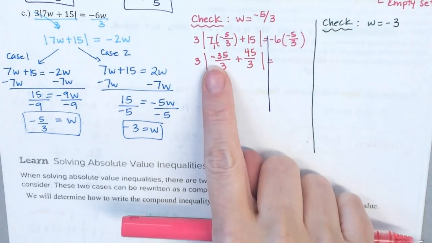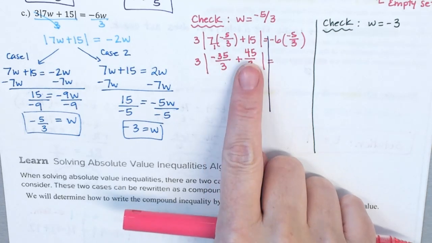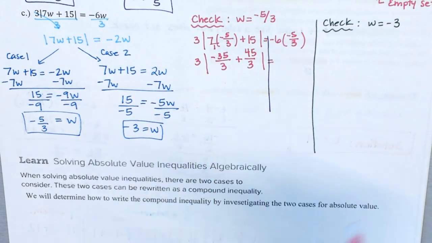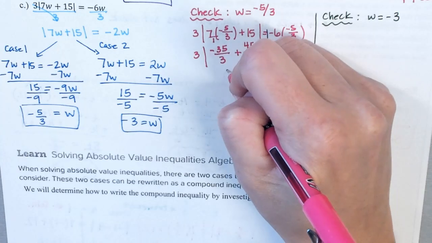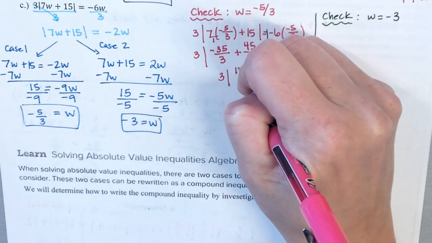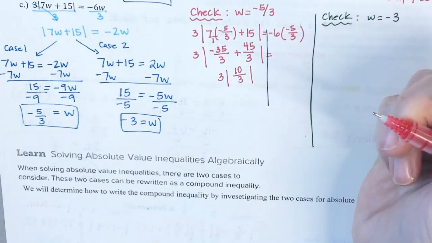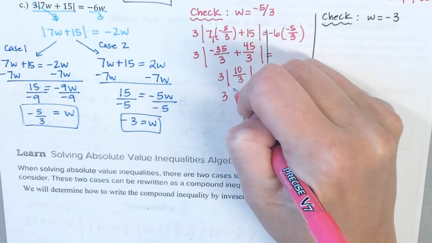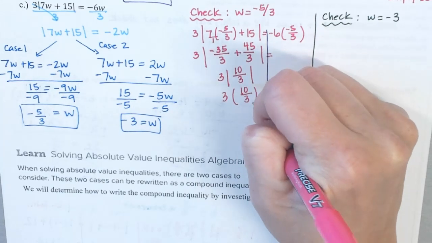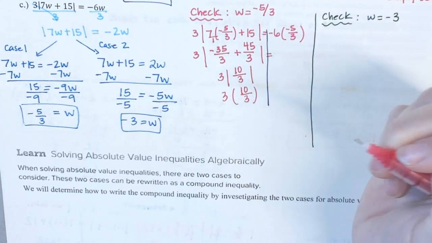And if you have a negative, it's subtraction. So you're just doing 45 minus 35, which is 10. So this is 3 times the absolute value of 10/3. The absolute value of 10/3 is just 10/3. So you can replace it with parentheses or you can replace it with a times.